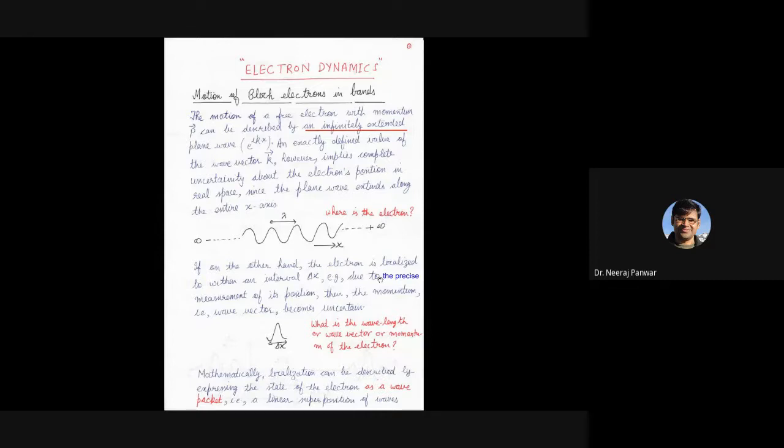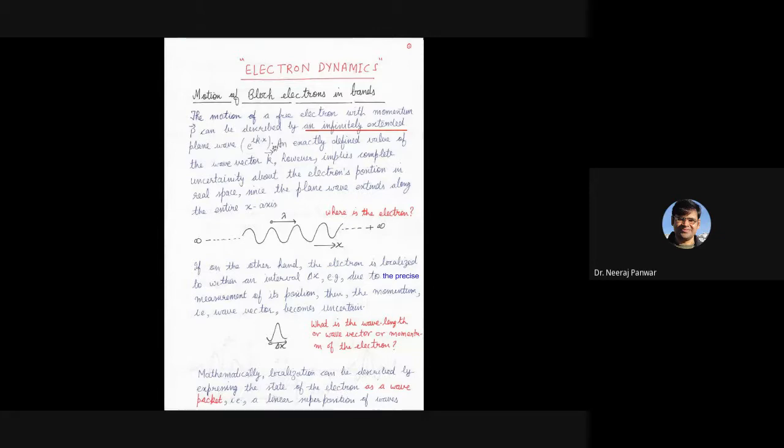So we call the wave function of the electron a Bloch wave function, and the electron itself is known as the Bloch electron. In the coming classes, we would also see the difference between a free electron and a Bloch electron. The two are not the same.